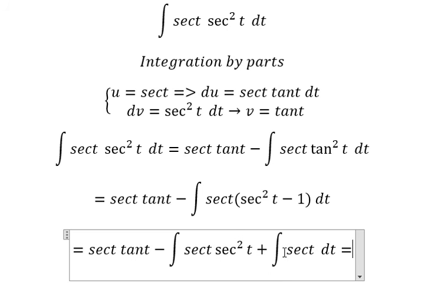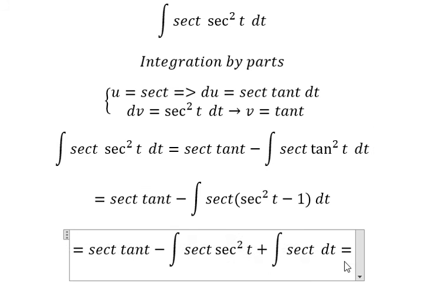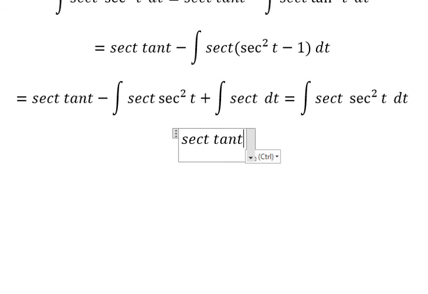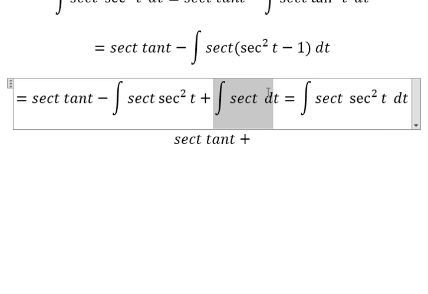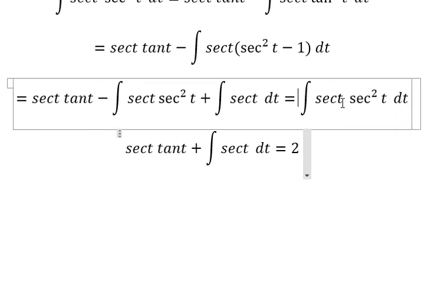And we know that everything in here equals to this one. So I will put this one to the right. And we have 2, because this one plus this one, you get number 2.